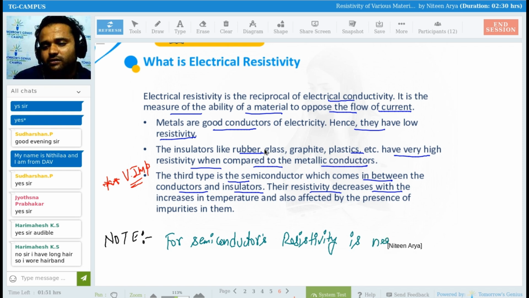Resistivity is not independent of temperature.